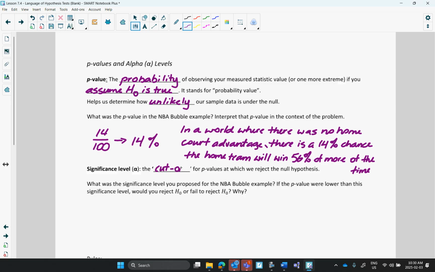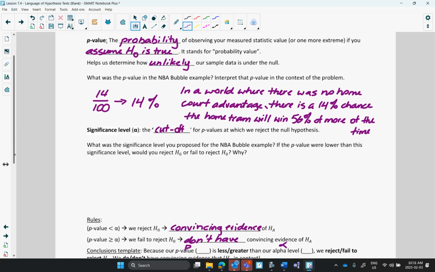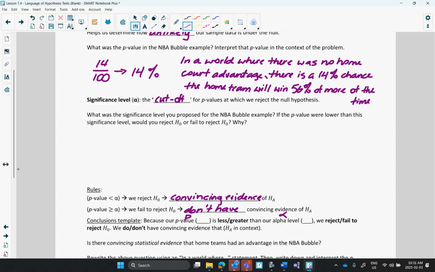And I've already said this, the alpha level or significance level, denoted by the alpha symbol, that's the cutoff. Okay, that's the guide. If our probability is above, fail to reject. If our probability is below, reject. So the significance level, like I said, the most common one is 5%. Okay? So we would say 5%, but because we usually answer in decimal, we do 0.05.